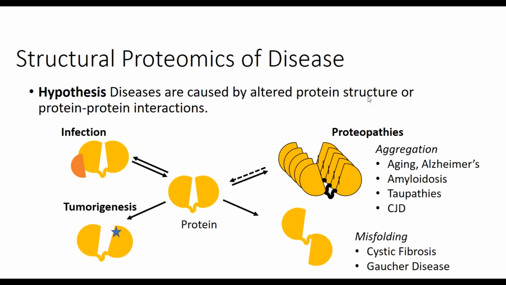The alteration of protein structure can lead to changes in protein-protein interactions and therefore cause different types of diseases, like infections and proteopathies, like protein aggregation, in diseases like aging, Alzheimer's, amyloidosis, other diseases like misfolding, like cystic fibrosis, where we have a lot of expertise, or others like tumorigenesis.